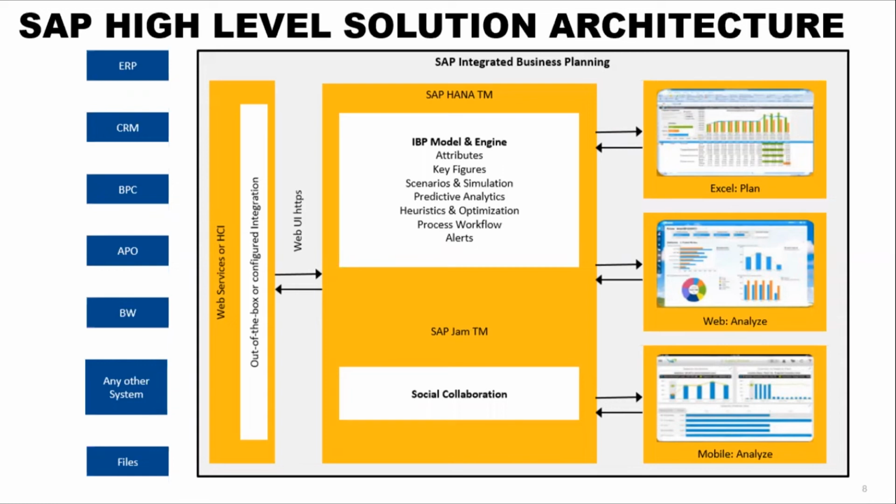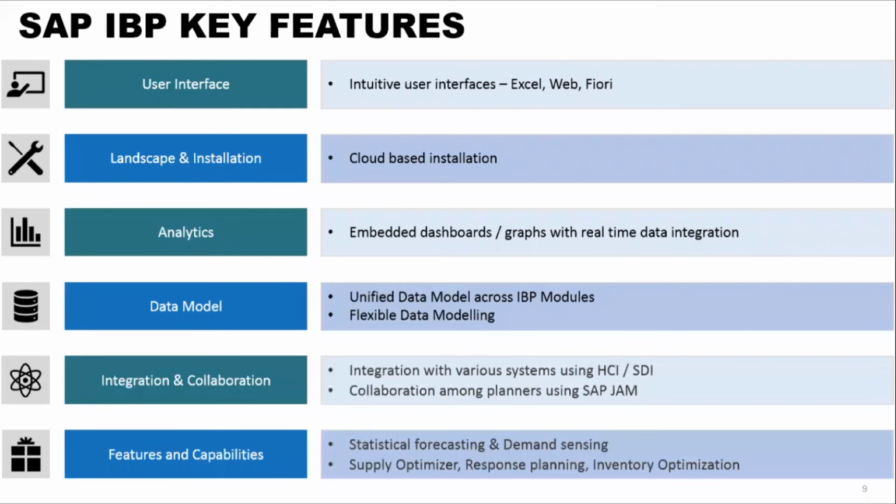So this is the higher level architecture of the IBP. If you see, these are some of the salient key features of the IBP. As I mentioned earlier, the user interface is very user friendly because it's available in the form of free apps on the web.